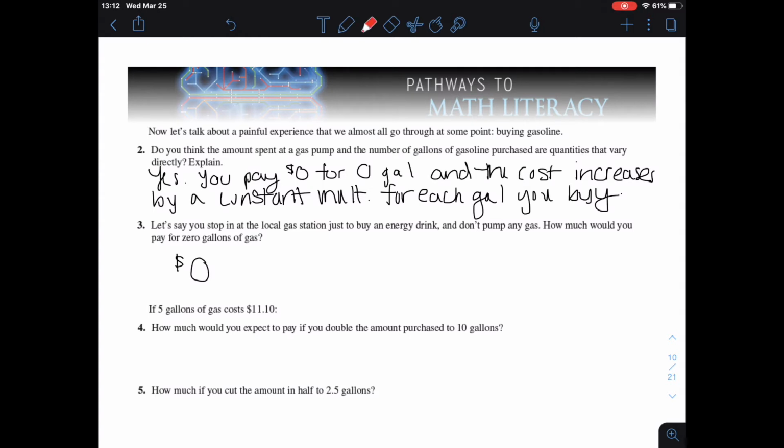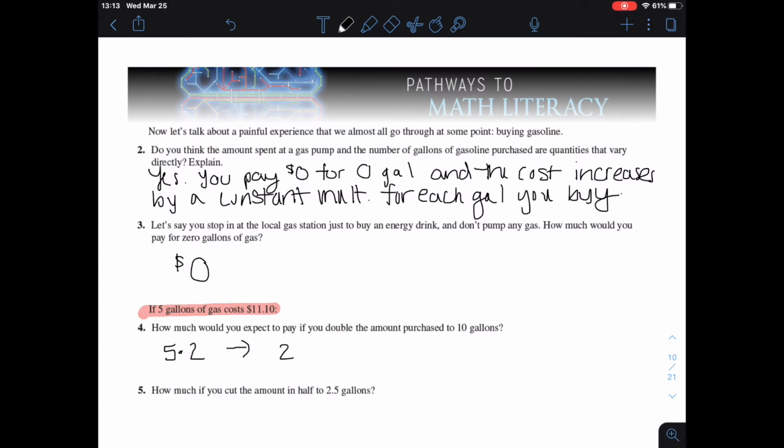Now, if we buy 5 gallons of gas and it costs us $11.10, we want to see how much you would expect to pay if you double the amount to 10 gallons. So 5 gallons costs you $11.10. When we double the amount of gallons, we expect the price to double.